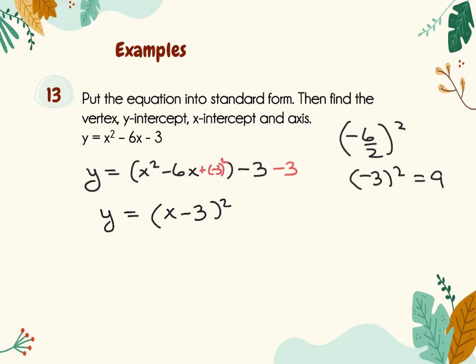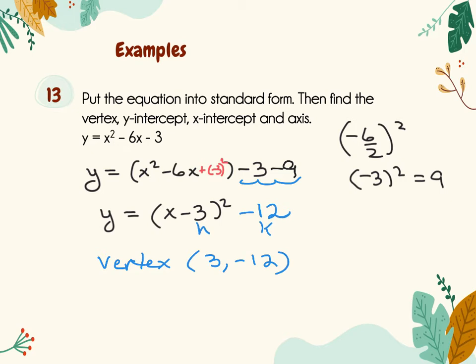This shouldn't be a -3, this should be a -9. Now I can combine my constants on the end, and I get -12. And now my equation is in standard form. Remember, this is h and this is k. So my vertex is located at the ordered pair 3, -12.